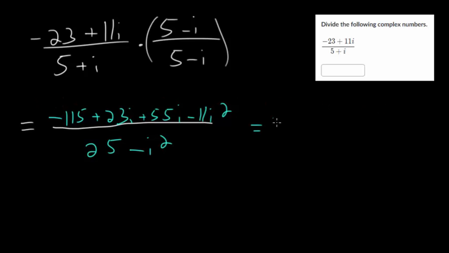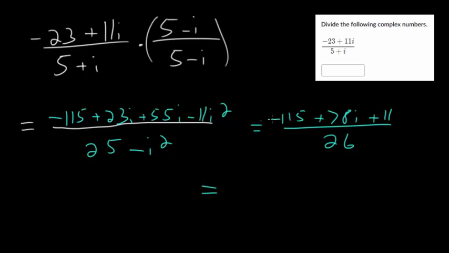Now simplifying in the top, we've got that minus 115. And then adding these together, let's see, that would be 78i. And then instead of minus 11i squared, since i squared is negative 1, this just becomes plus 11. All divided by 25 plus 1, or 26, since i squared is negative 1, and you're subtracting a negative, which is the same as adding.